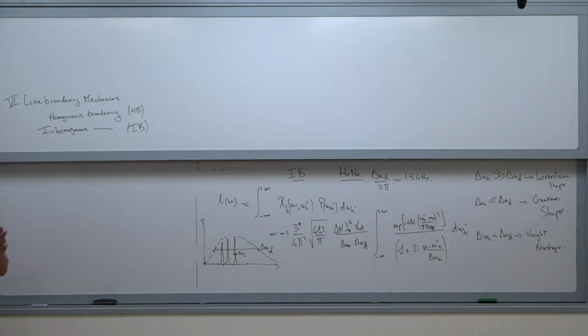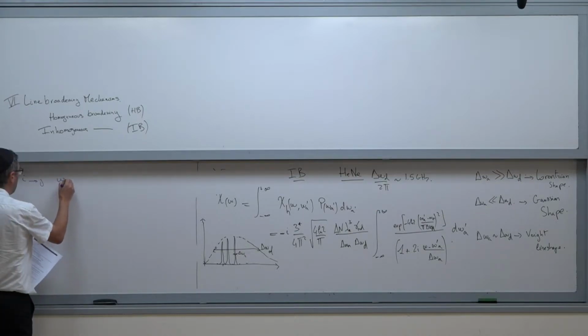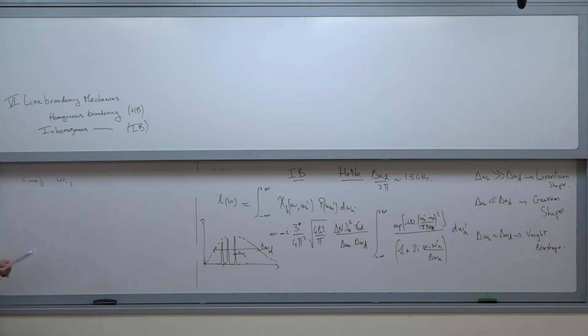Each transition will have its own transition frequency, omega_ij. For all different transitions, I will have different omega_ij.